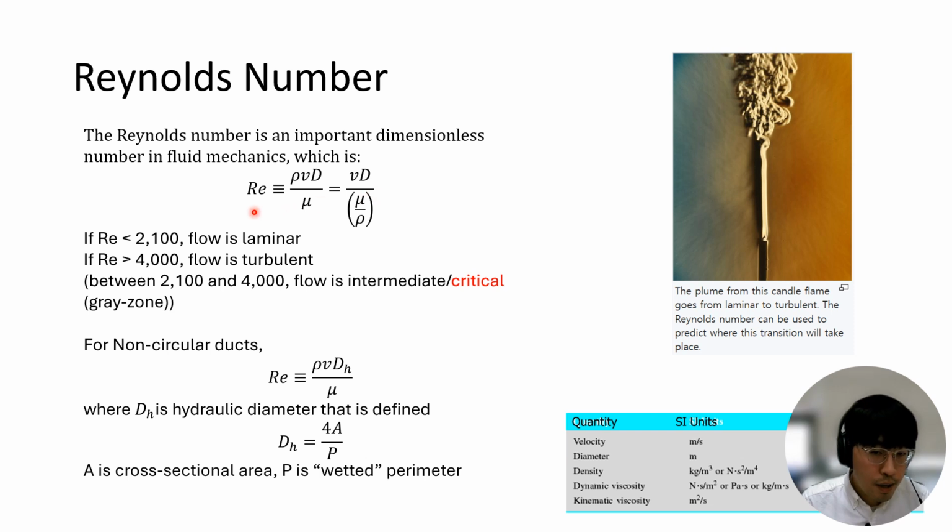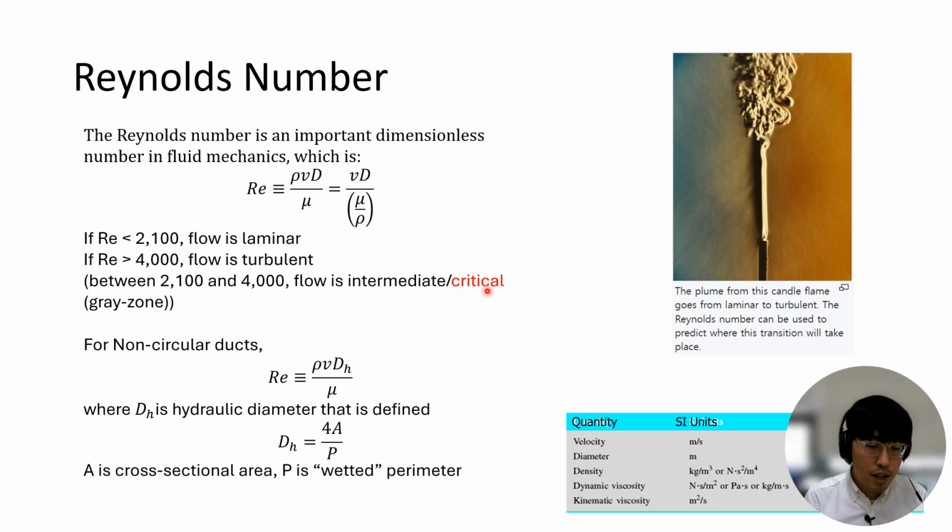When the Reynolds number is lower than 2100, it indicates a laminar flow pattern. If it's larger than 4000, then there will be turbulent flow. Anything between 2100 and 4000 is within the gray zone. Sometimes we call it the intermediate zone or the critical zone.